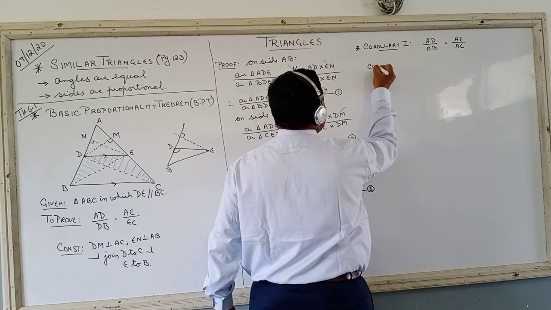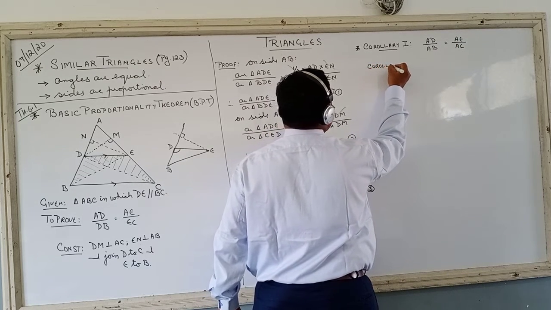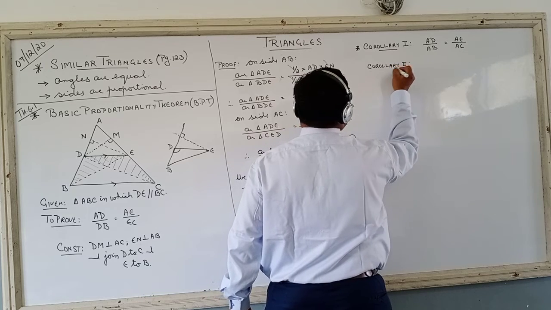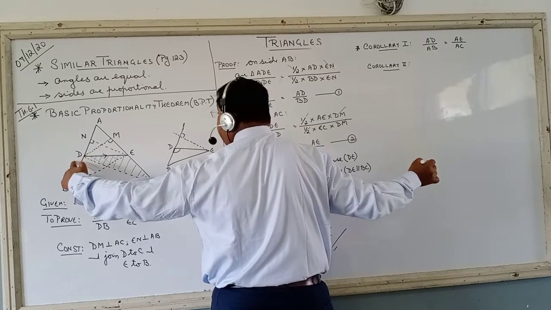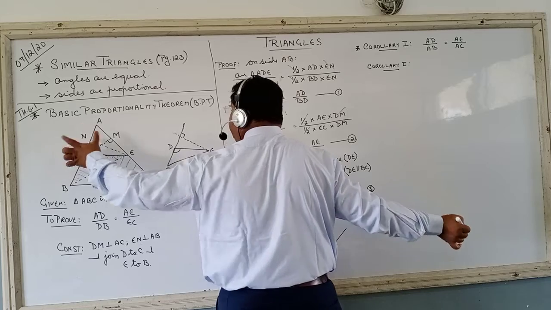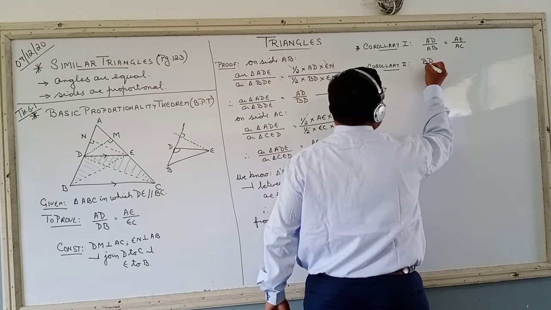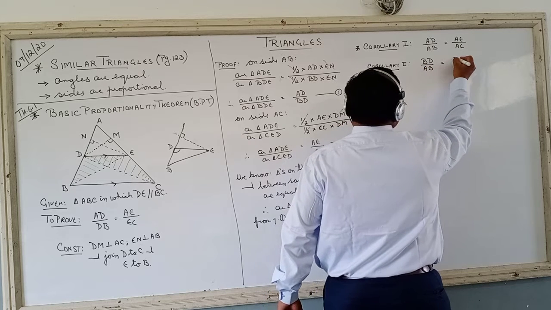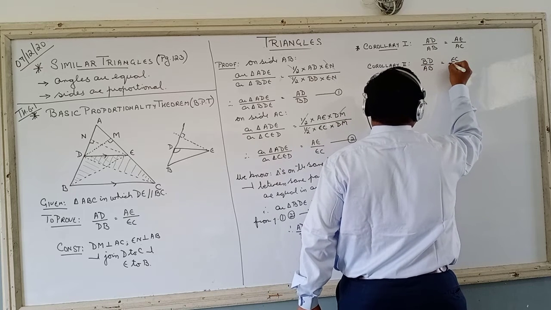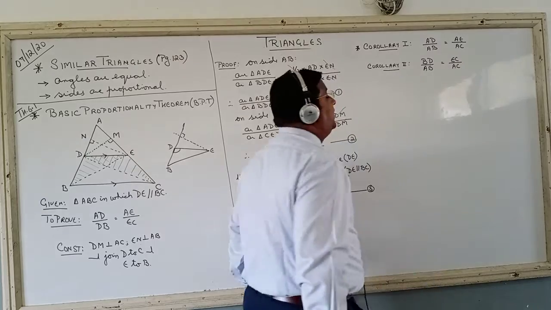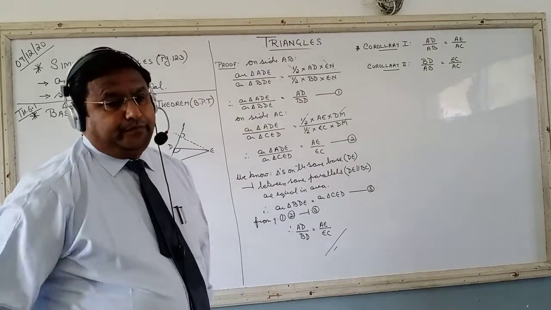Similarly, the second corollary we can also say: BD upon the total side AB is equal to CE upon the total side AC. This we can also conclude.